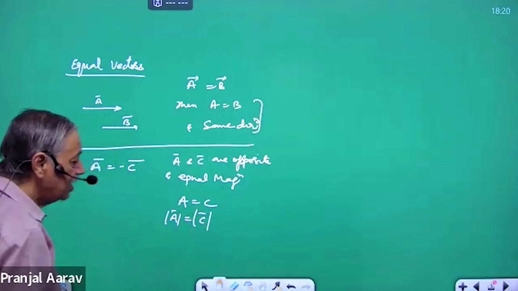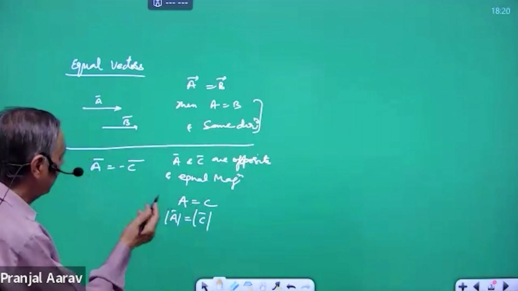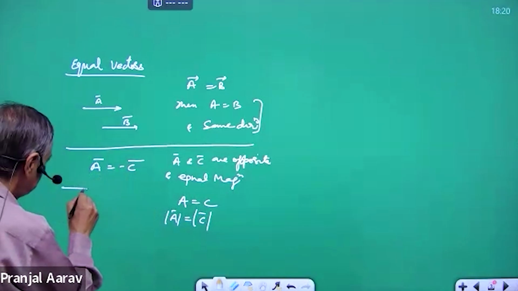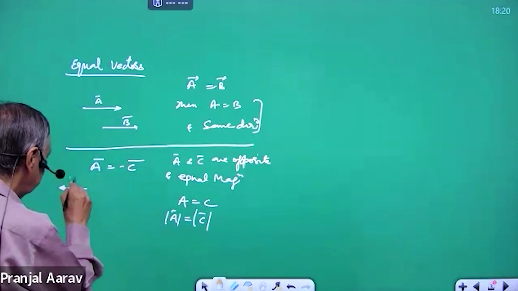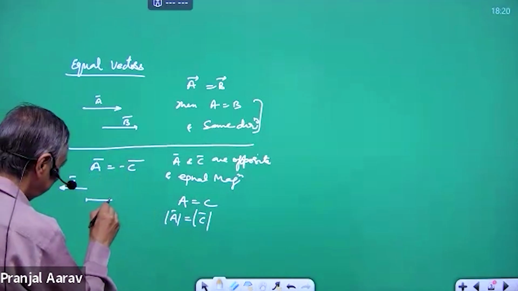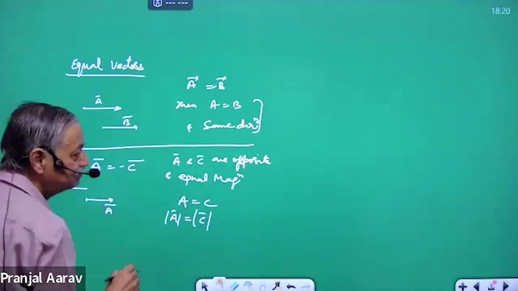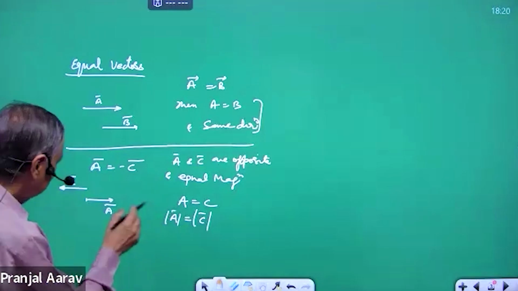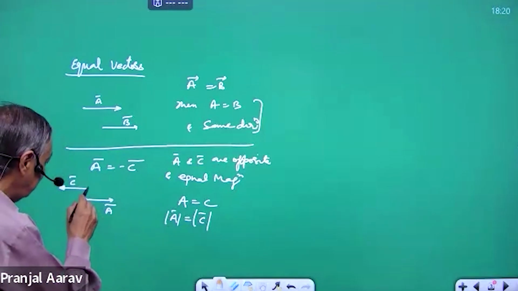Magnitude is same, but the direction is opposite. How do you show them? You show them like this: C vector is minus A vector.